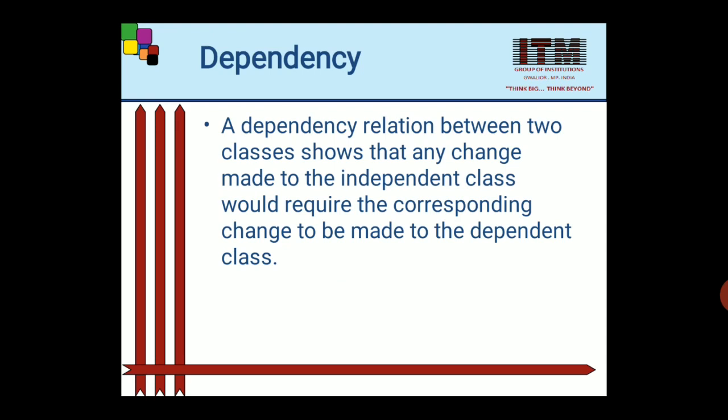In the latter case, if some properties of the interface class are changed, then the change becomes necessary to the class implementing the interface class as well. So this is about the basic terminologies used here.